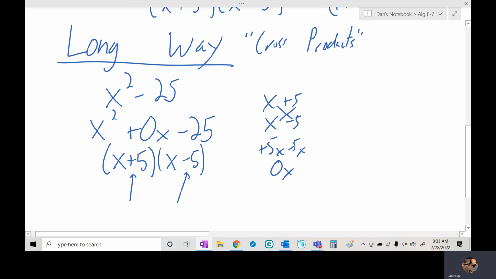You won't see that benefit until we do it next week, but just get into that habit. There's nothing wrong with writing x minus 5 then x plus 5. I'm just telling you, when we get to multiple step factoring, it'll be easier to keep things in order if you put the minus second. I've done it long enough to know it's easier to always do plus then minus. Easy enough? Difference of squares, done.